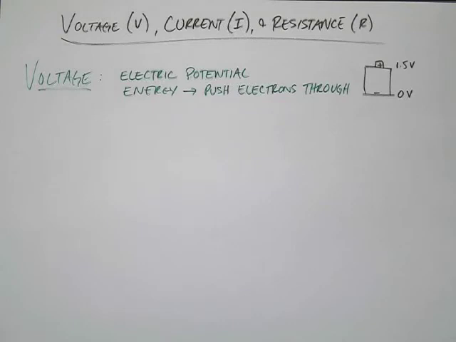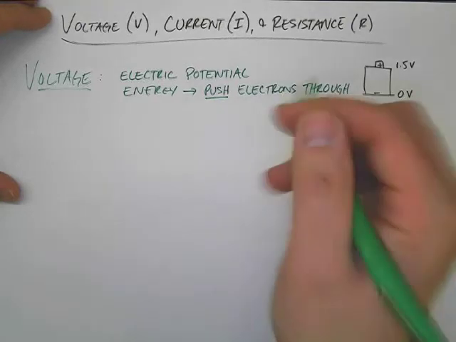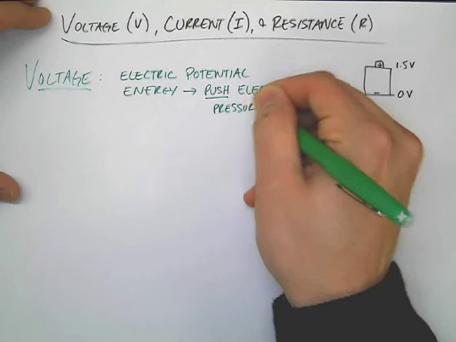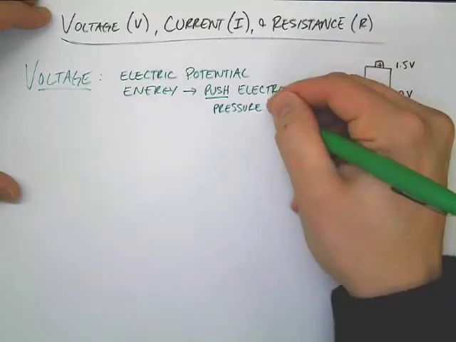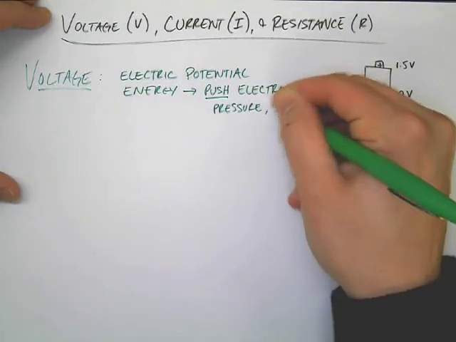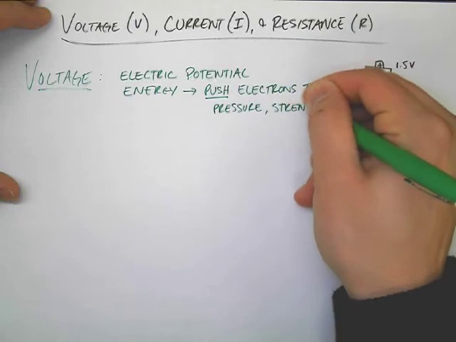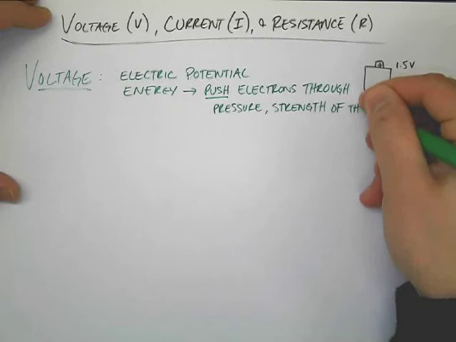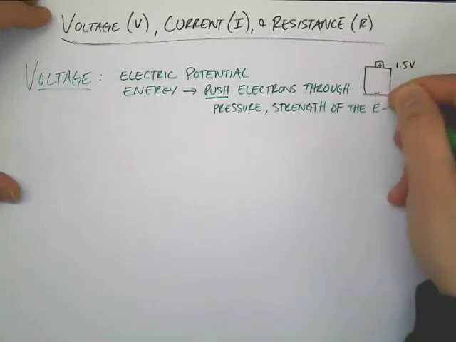Another way you can think about voltage is in terms of the water definition, it's the push, it's pressure in a way, in a sense. It's the strength of the electric field, to bring in something that we've talked about before.